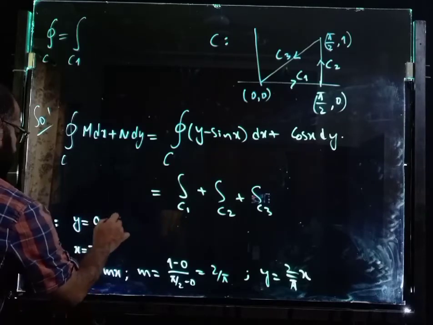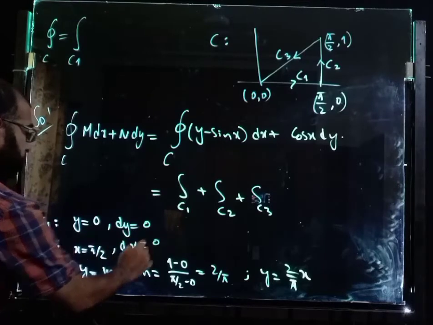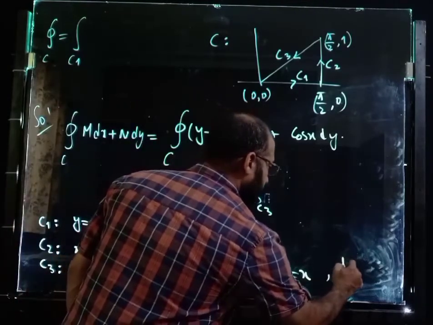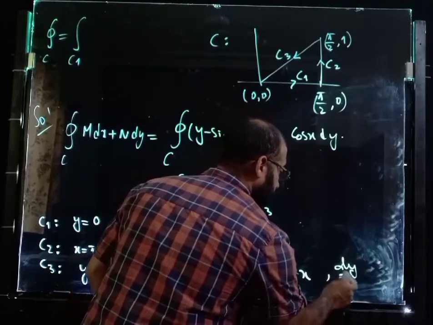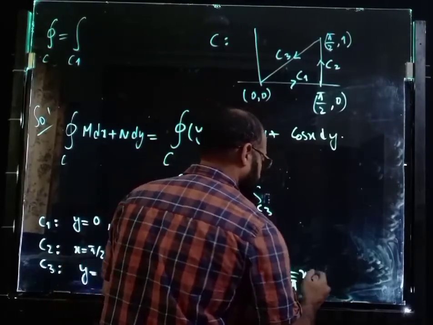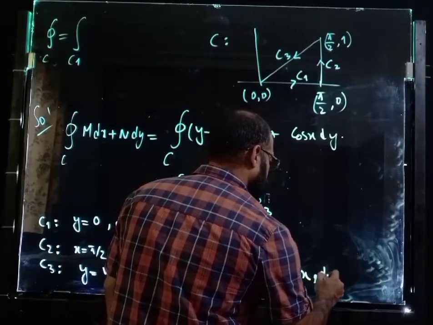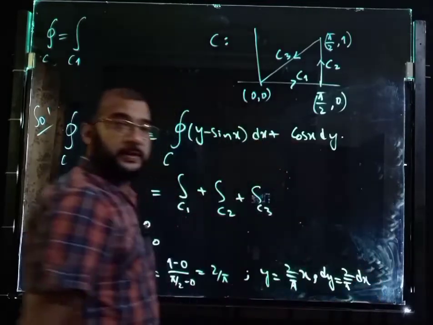It means dy would be 0, and along C3 dy equal to 2 over pi dx.